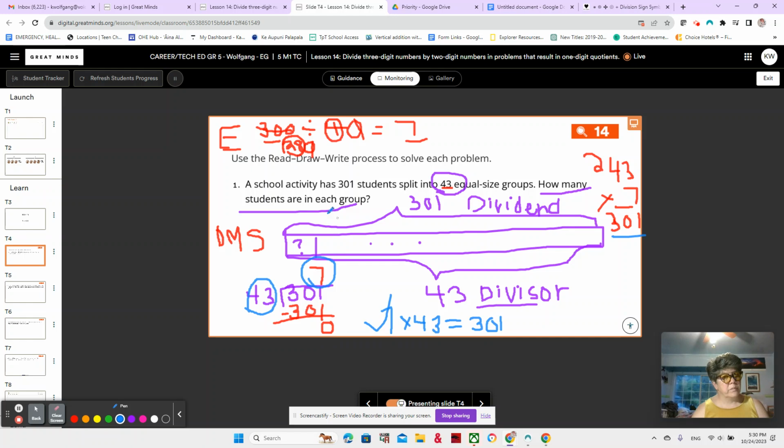And now, since it's a word problem, I do have to write my answer in words. A school activity has 301 students split into 43 equal-sized groups. How many students are in each group? There are 7 students.